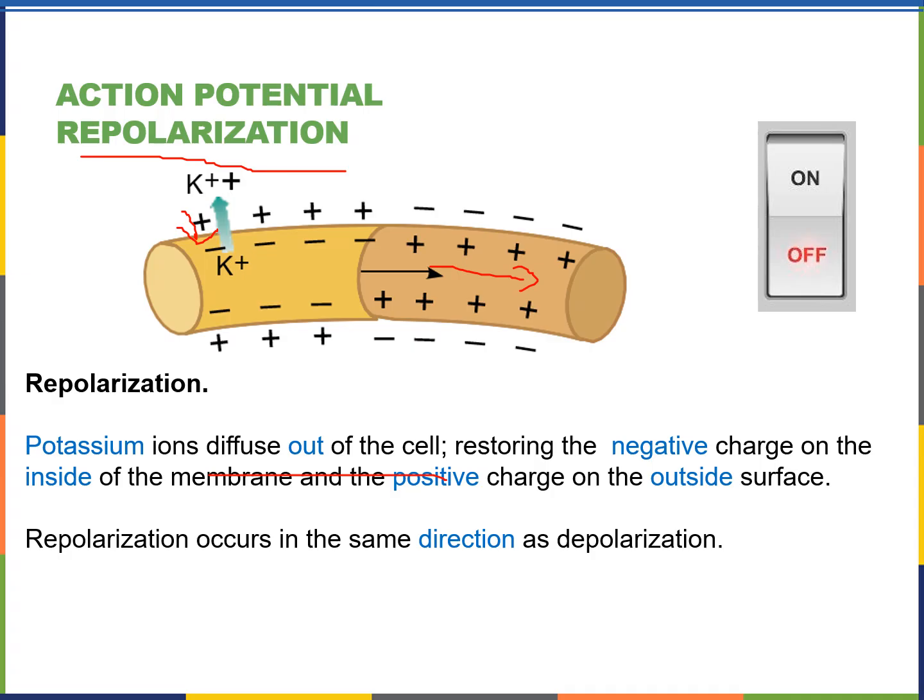While one part is still undergoing depolarization, we have repolarization occurring at the start. With repolarization, the charges are reversed again. Inside is going to become negative because more potassium is flowing out. The channels that allow potassium out are open, and repolarization will just continue along towards the end.